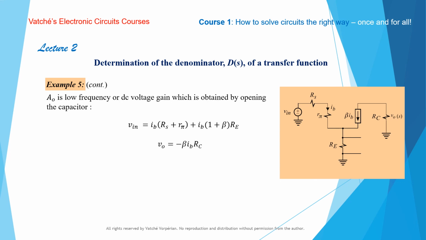The second equation is the output voltage is given by minus beta Ib times Rc. The ratio of these two yields the inverting gain of the common emitter amplifier with an emitter resistor, a very familiar expression that I am sure you've learned in your first electronics class.